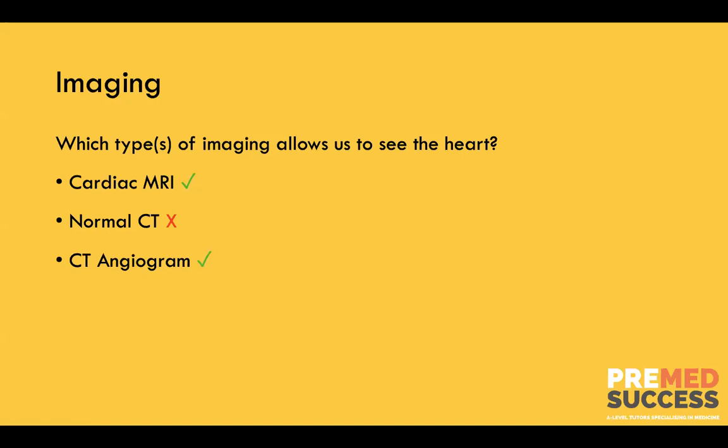A CT is many X-rays, and so it's given intravenously straight into the vein as an injection, and then we CT the heart, and it's used to image the coronary circulation. So not so much the heart muscle itself, because once the iodine has got its way into the muscle, it's diffused out a bit and it's not all in one place, so we can't view it very well. But a CT angiogram is brilliant for viewing the coronary circulation for things like coronary heart disease, which we'll have a look at in a minute.